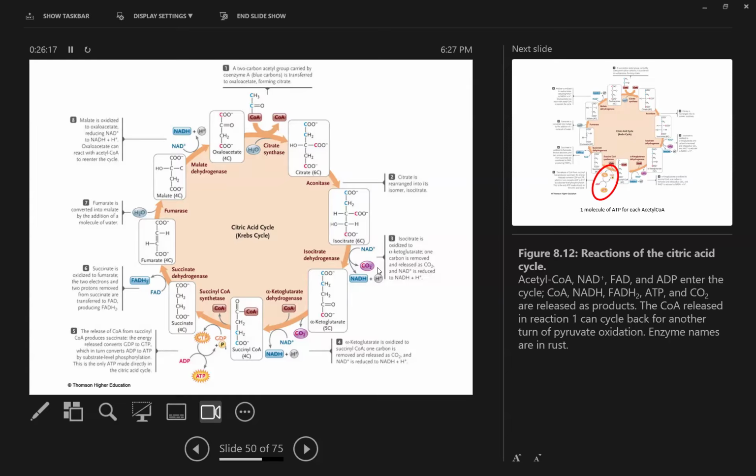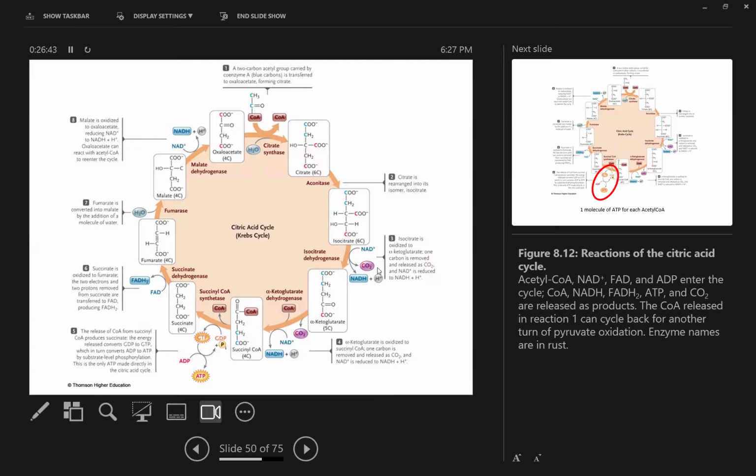Here's where we have our first FAD come, pick up 2 hydrogens, and then it leaves. So we had succinyl-CoA, succinate, fumarate. A little bit of water comes in with another enzyme, and then we have our final hydrogen that's torn off up here. And then we have oxaloacetate that now is just waiting for the next acetyl-CoA.